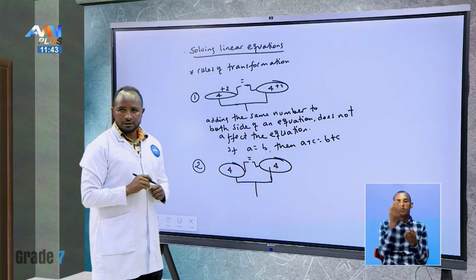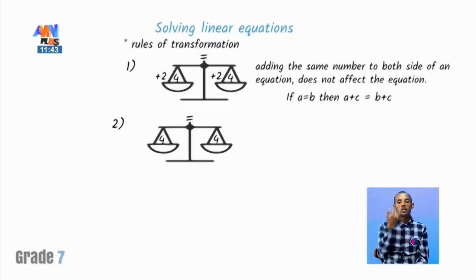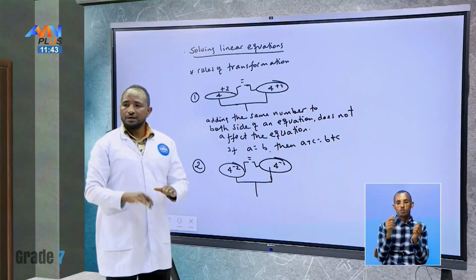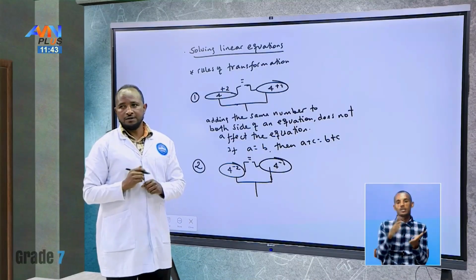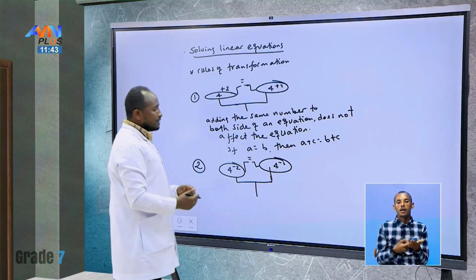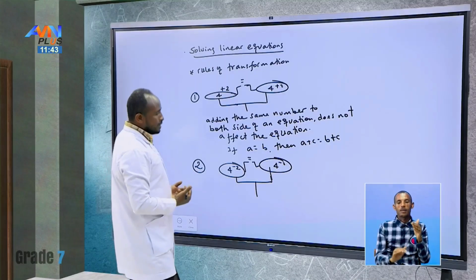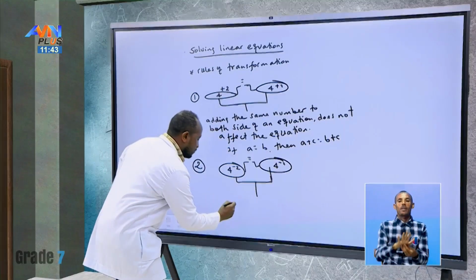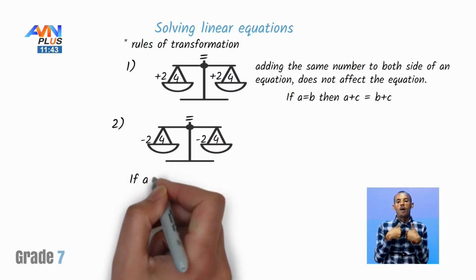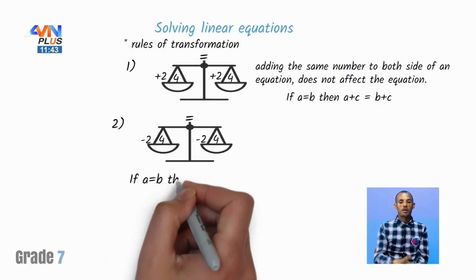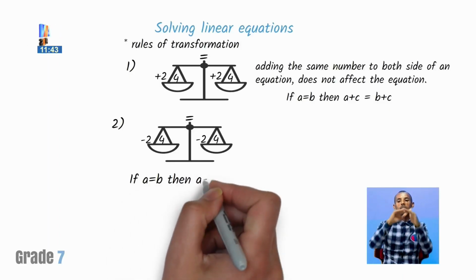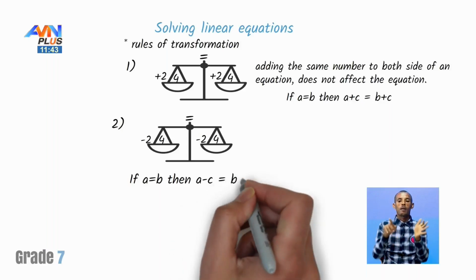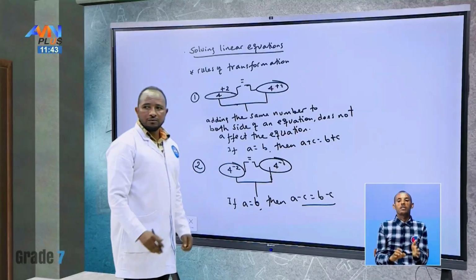If you subtract 2 on both sides, you will have 2 on this side and 2 on the other side. The balance remains unaffected. So subtracting the same number from both sides doesn't affect the equation. If A is equal to B, then A minus C and B minus C are equal, not affected.